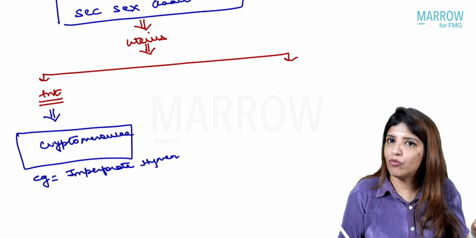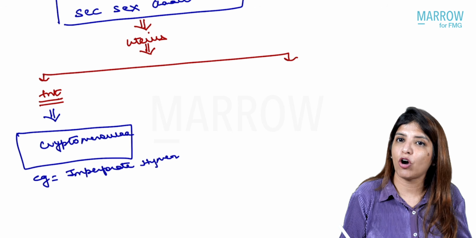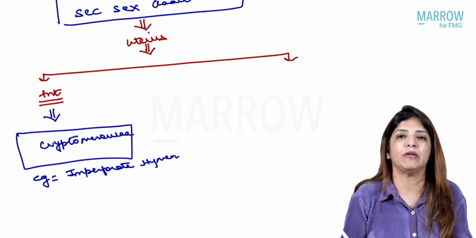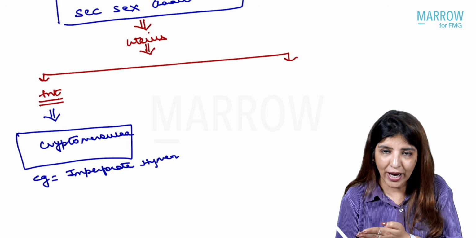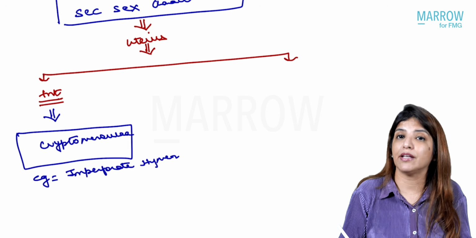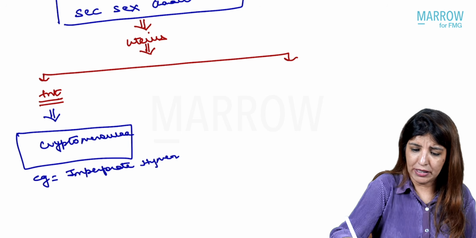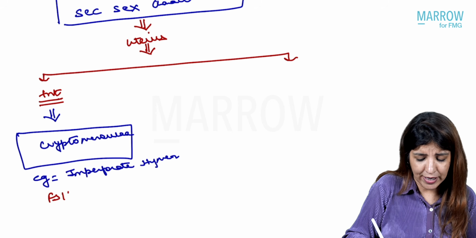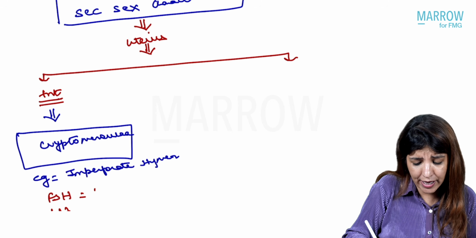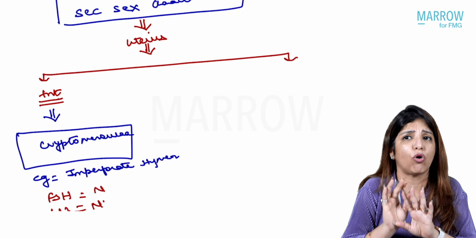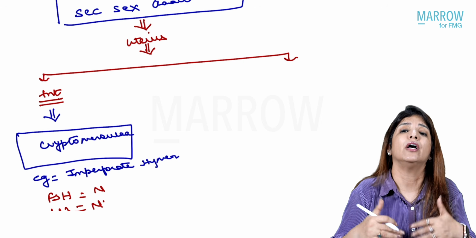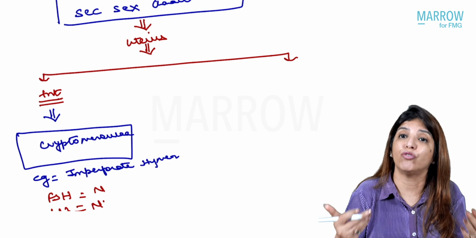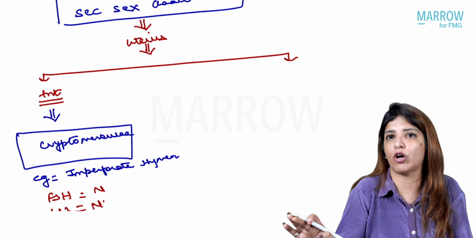Because her ovaries are normal, estrogen will be normal. And because estrogen is normal, breast development will be normal, right? Her pubic hair and axillary hair will be normal. Everything will be normal. What about FSH, LH levels? FSH and LH levels will also be normal because her hypothalamus is normal, her pituitary is normal, her ovary is normal. So everything will be normal in her.